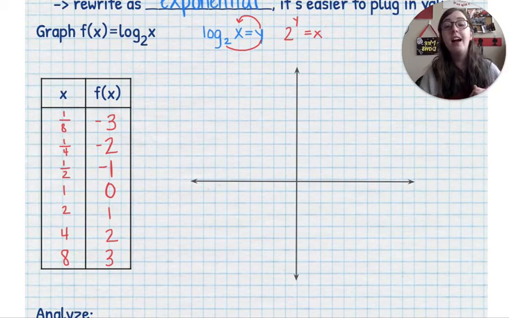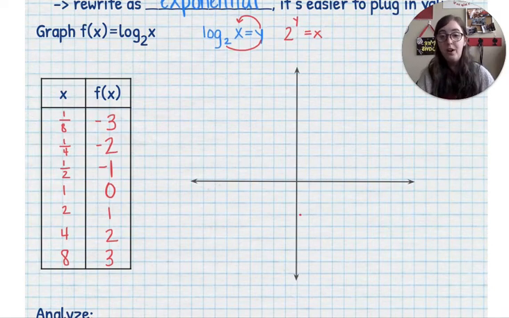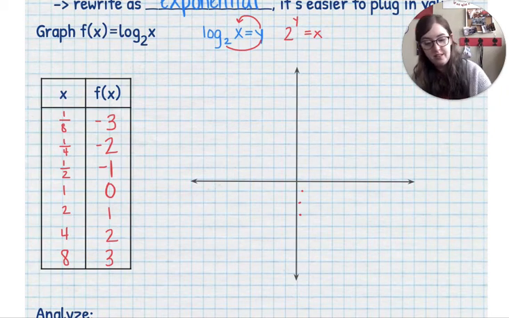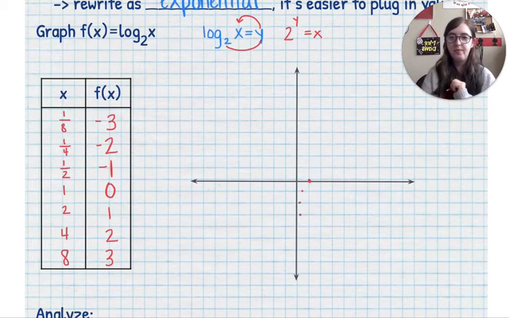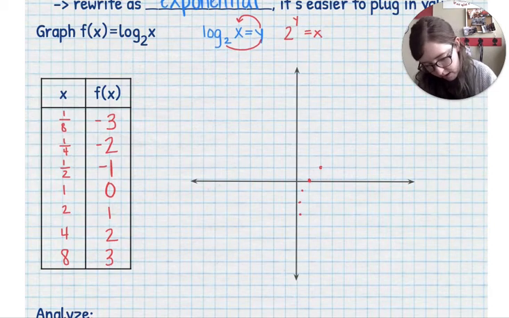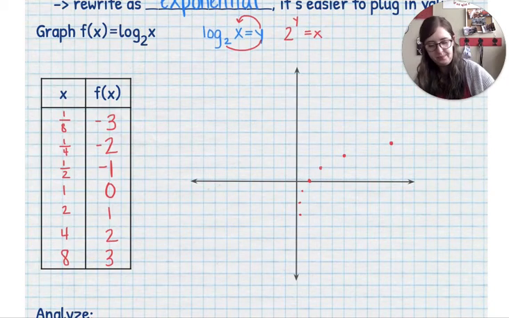So we want to graph 1/8, -3. 1/4, -2. 1/2, -1, so over half, down 1. 1, 0, so right here. 2, 1. 4, 2. Then 8, 3. So 5, 6, 7, 8, and then up 3.